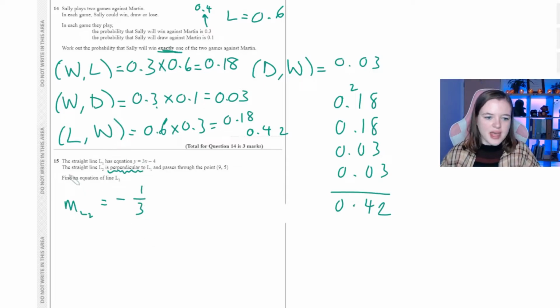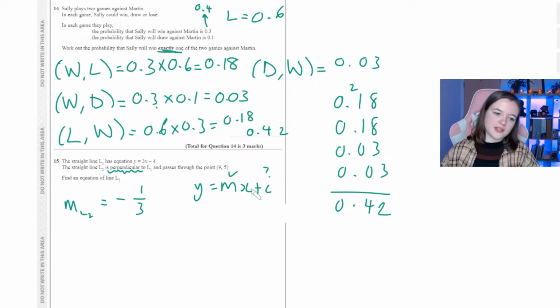Okay. And then, L2 is perpendicular to L1, done that bit, and passes through the point (9, 5). So for the full line we then need to find the y-intercept. y equals mx plus c. We've got m, we need c. So I'm going to put the gradient in here to start building up our equation: y equals minus a third x plus c.